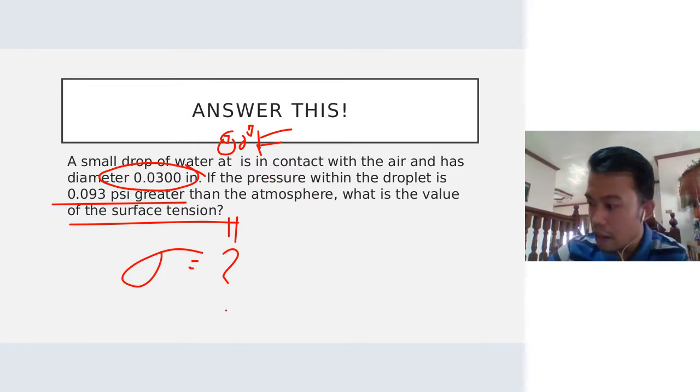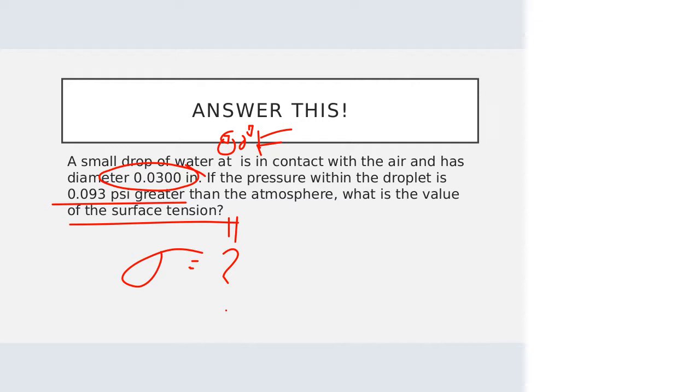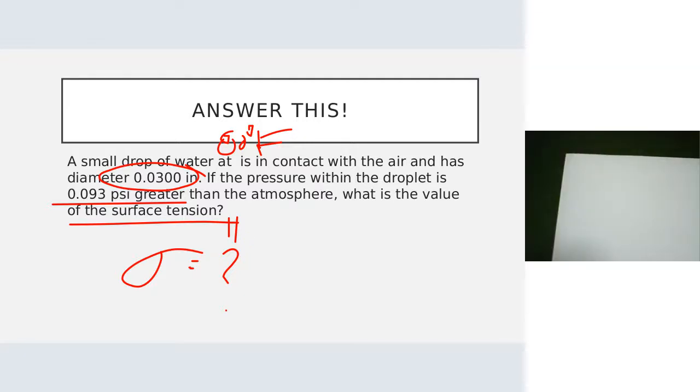Okay, so it's already 11:08. Let's answer this one. Thank you very much to those who sent their answers. So, a small drop of water at 80 degrees Fahrenheit is in contact with the air and has diameter of 0.03 inch. So let's write the given diameter, 0.03 inch.